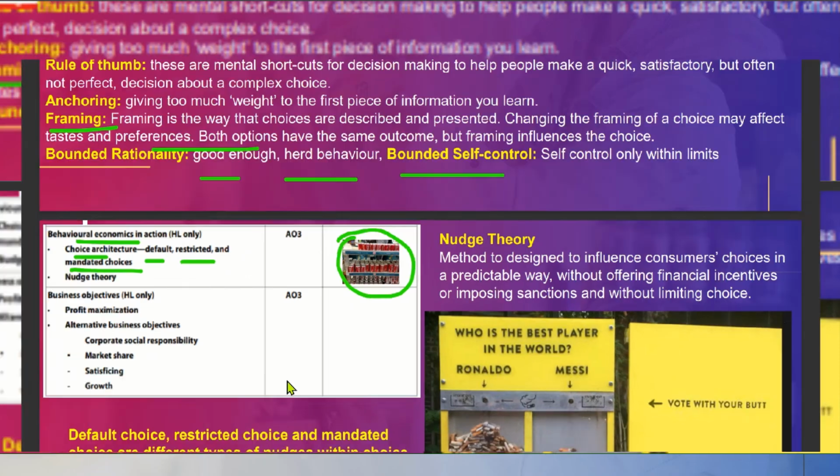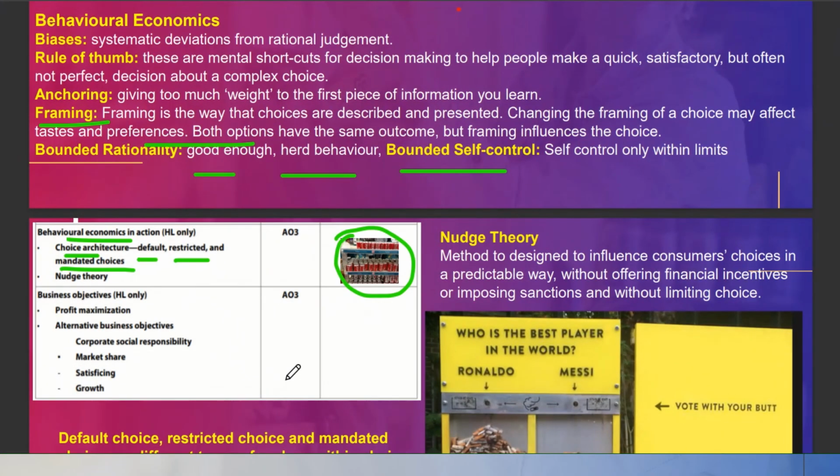Mandated choice means, in a payment gateway, if there is only one option, you have to use that one. When making the payment, there is a limited choice, and you have to pay money. That is mandated choice. So choice architecture is also a big thing.